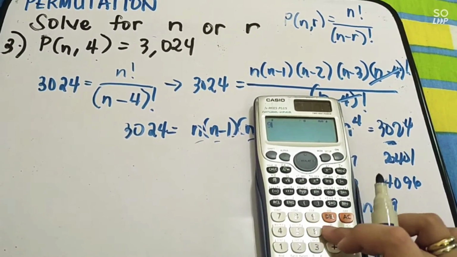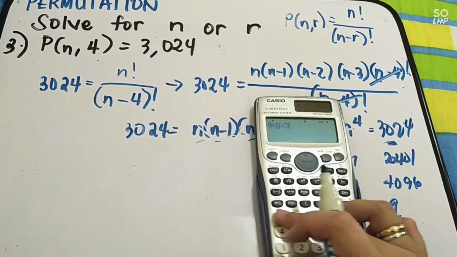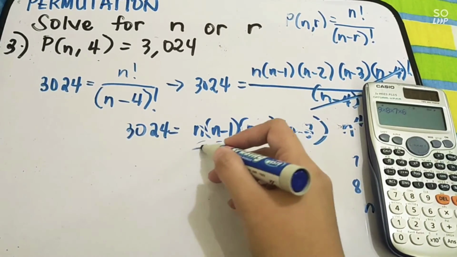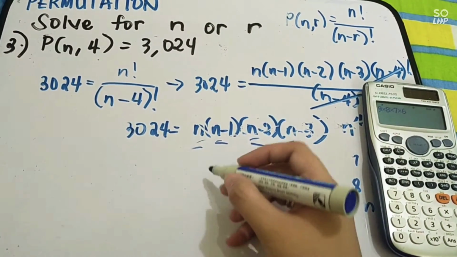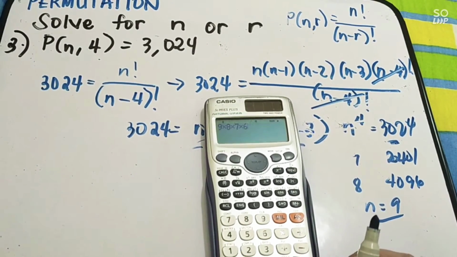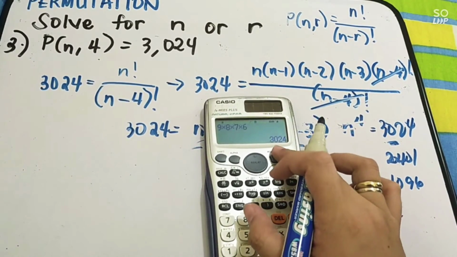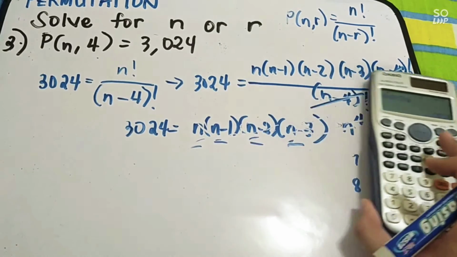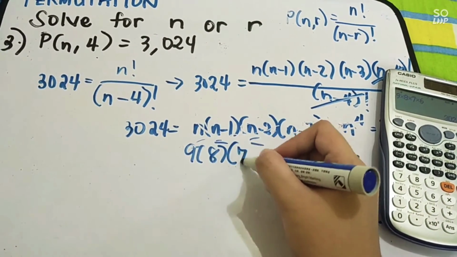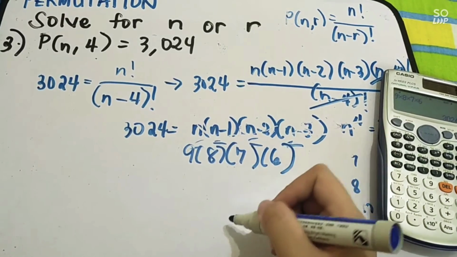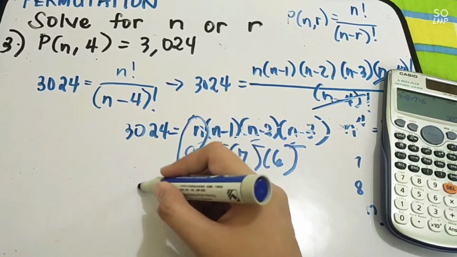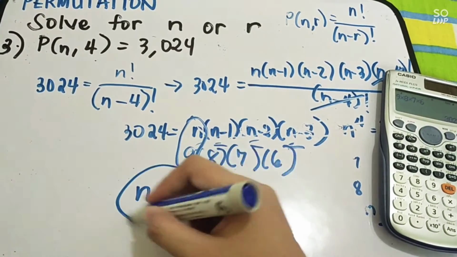We have 9 times 8 times 7 times 6. Why always 4? Because there are only 4: 1, 2, 3, 4. Is it clear? So, let us have the answer. The answer here is, there, it hit. We have 3,024. So, you will have 9 times 8 times 7 times 6. Is it clear? So, this is now your n. Your n is equal to 9.